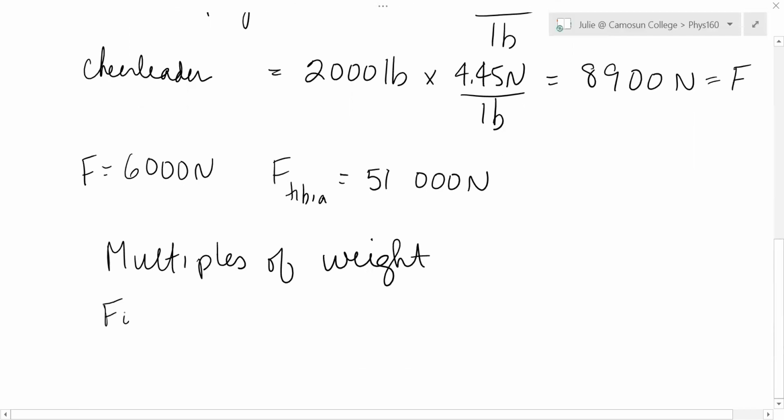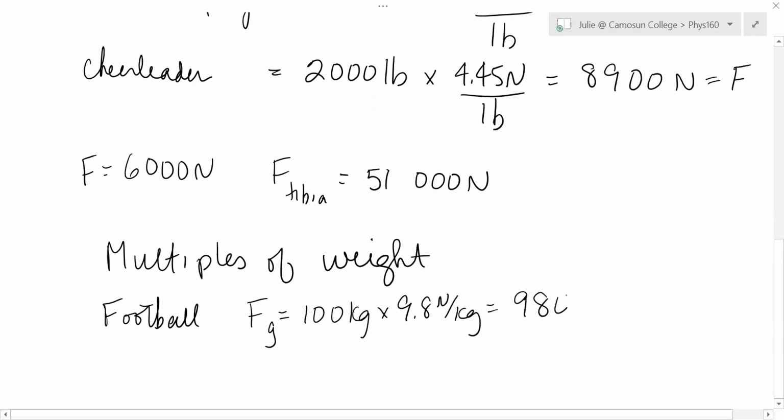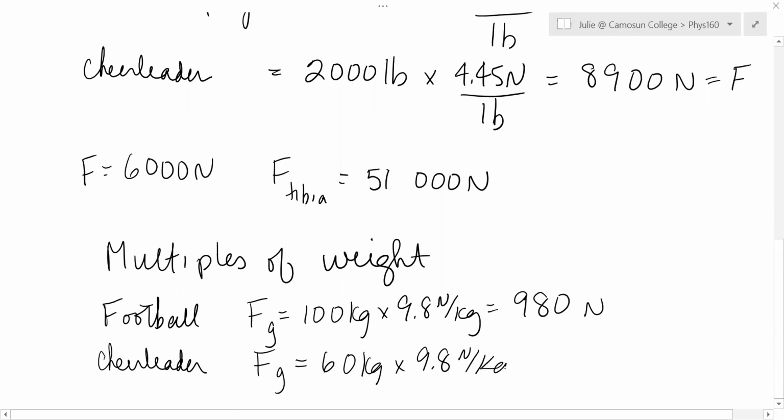For the football player, the weight is the force of gravity. That's 100 kilograms times 9.8, so he has a weight of 980 newtons. And for the cheerleader, her weight is 60 times 9.8, and that would be 588 newtons.